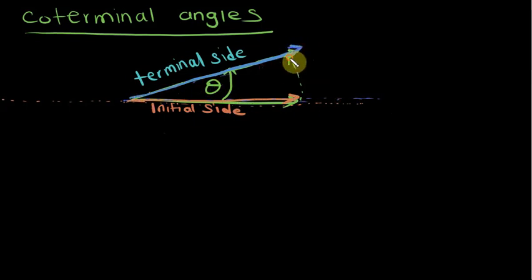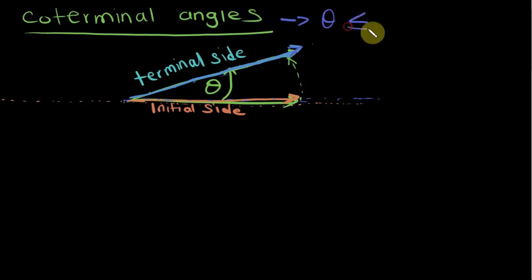Just defining what a coterminal angle is: this is an angle that shares the initial side and the terminal side of a given reference angle. So what we have drawn right here, this angle theta, is our reference angle.